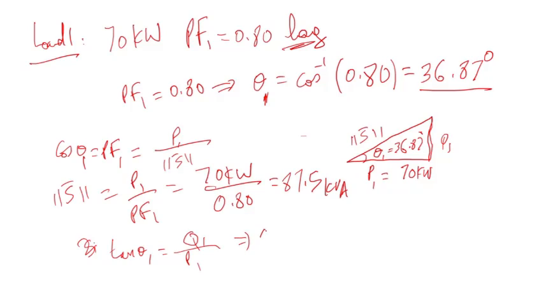So Q1 is equal to P1 times tan theta 1. Theta 1 is 36.87 degrees and P1 is 70 kilowatt. So if I plug in the numbers, I get 52.5 kilovar or kvar.